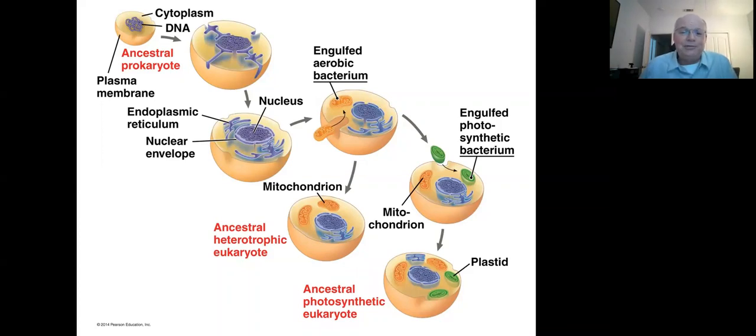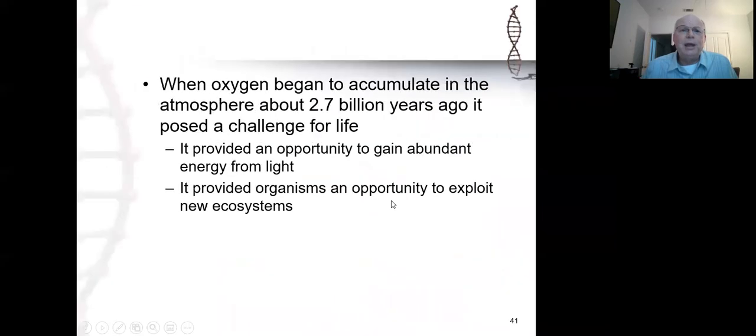Where people have struggled for a significant amount of time is trying to explain the origin of mitochondria and chloroplasts. An individual that is actually shown in an earlier photograph, so let me go back.